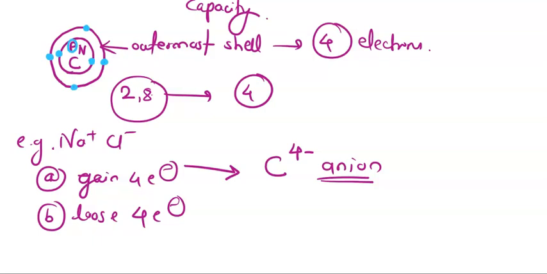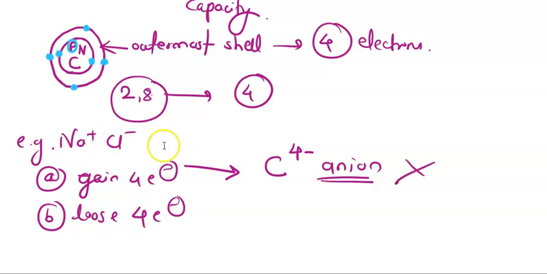If you gain 4 more electrons, in total it will become 10 electrons, 6 plus 4. So it would be difficult for the nucleus with 6 protons to hold on to 10 electrons, that is 4 extra electrons. So this will not happen.